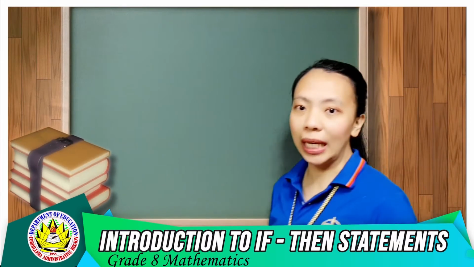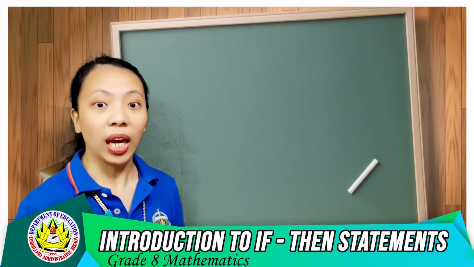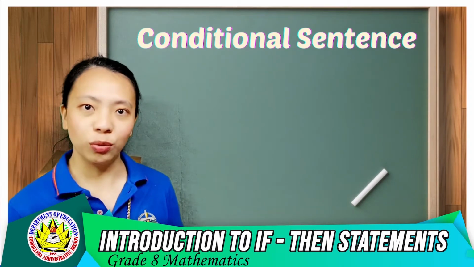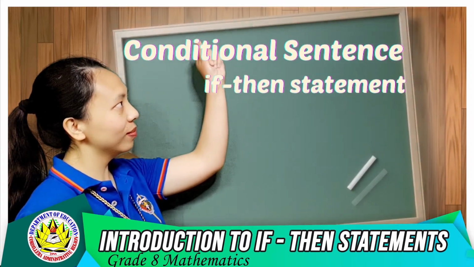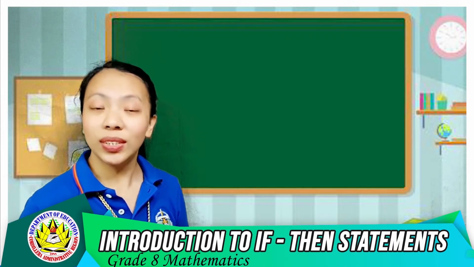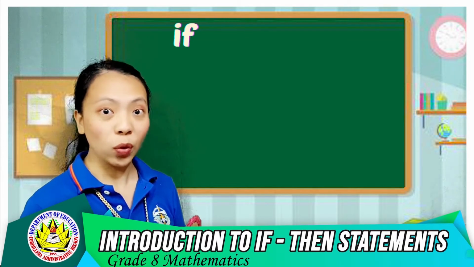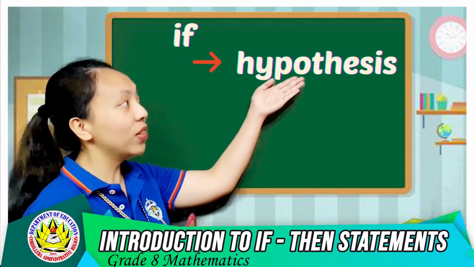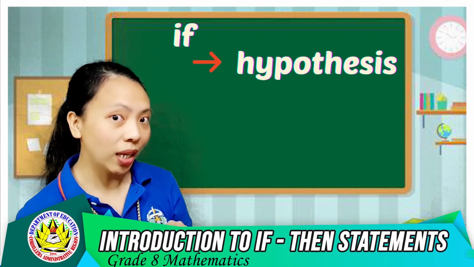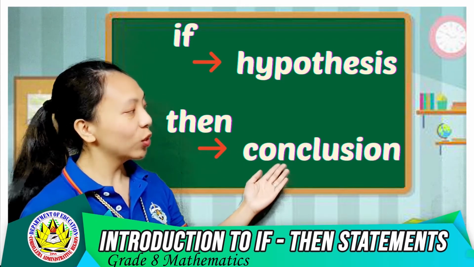If two simple declarative sentences are joined by the words if and then, that conditional sentence is referred to as an if-then statement. The statement introduced by the word if is what we call the hypothesis. The statement preceded by the word then, on the other hand, is what we call the conclusion.